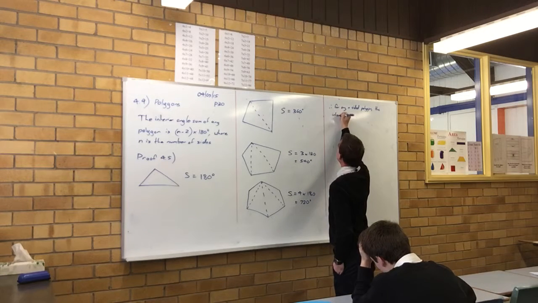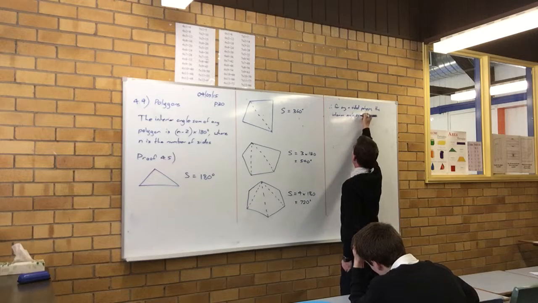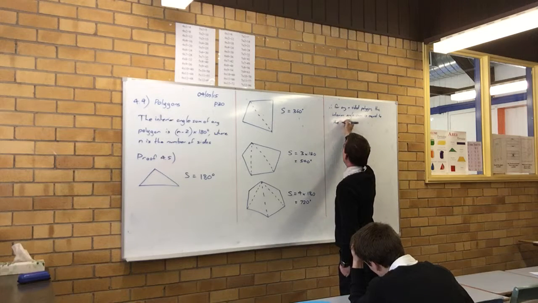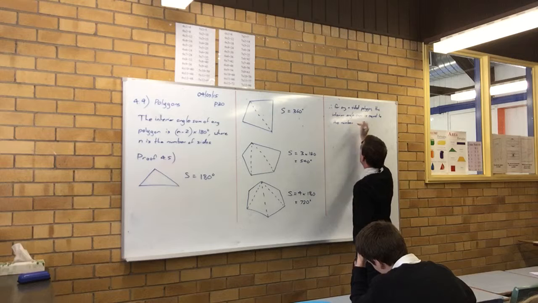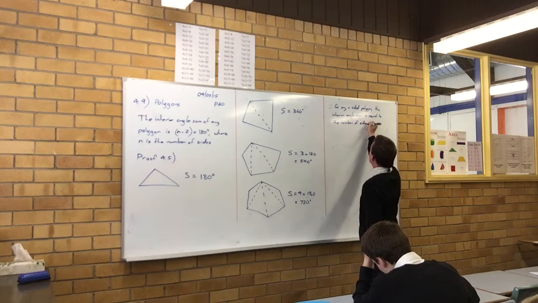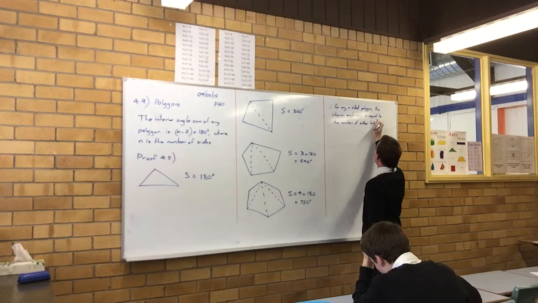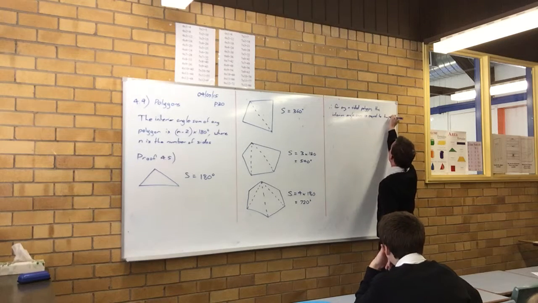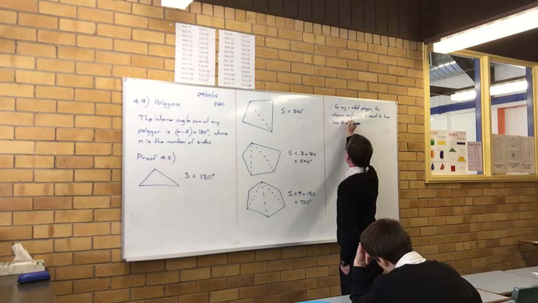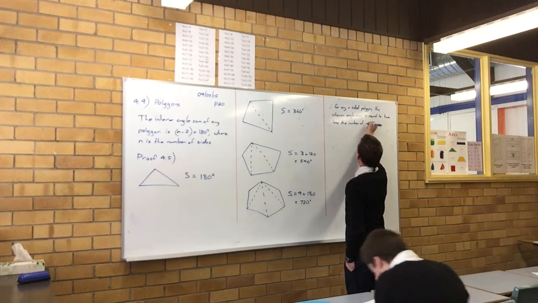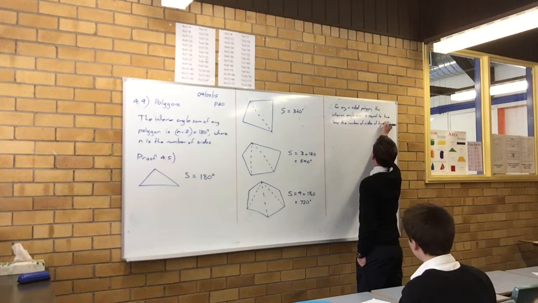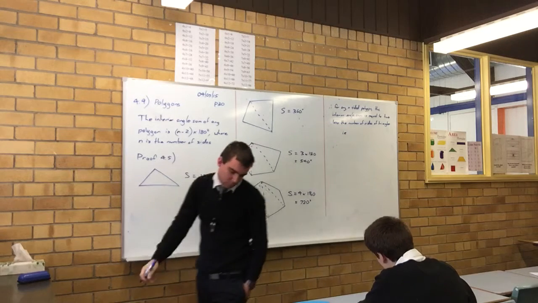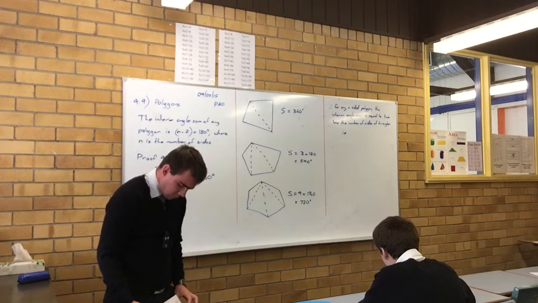the interior angle sum is equal to 2 less than the number of sides, times the angle sum of a triangle.